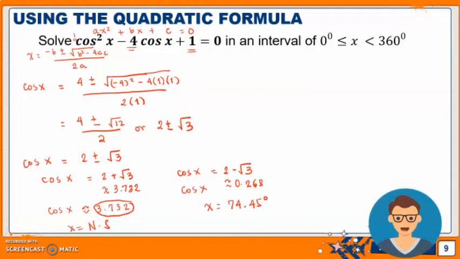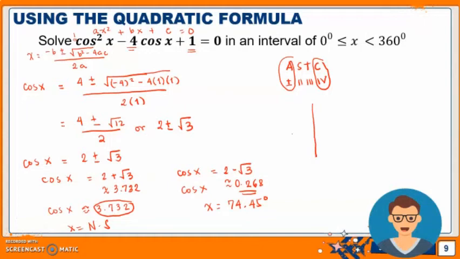So aside from that, again, we will use the ASTC form, where we have quadrant 1, quadrant 2, quadrant 3, and quadrant 4. Here, cosine is positive. So in quadrant 1, cosine is positive, while in quadrant 4, cosine is also positive.